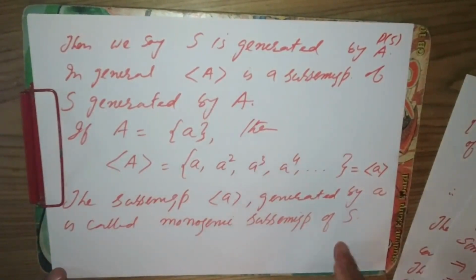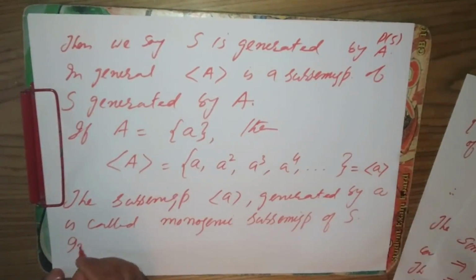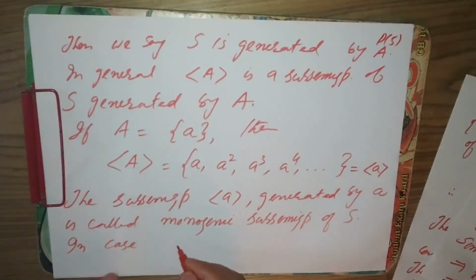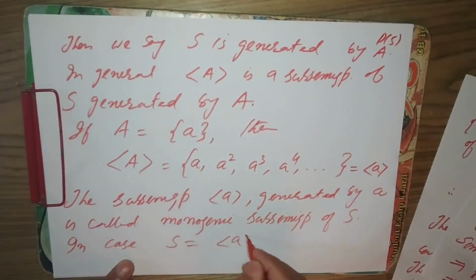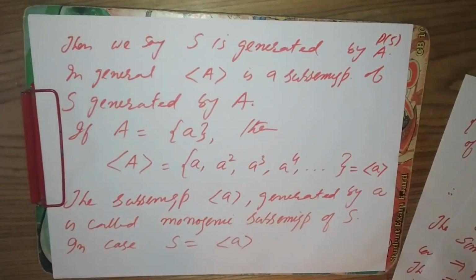Now, in case S is equal to this whole monogenic subsemigroup: as in case of groups, if there is a single element A such that G is generated by that element A, then we call such groups cyclic.